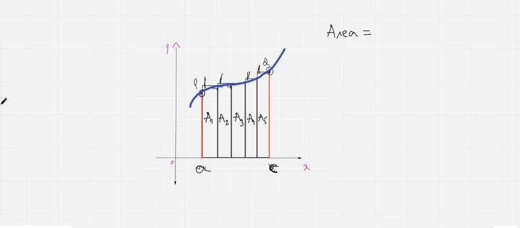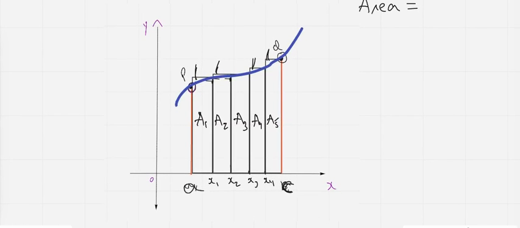I know that all these rectangles have the same width. For example, if this is my x1, this is my x2, this is my x3, this is my x4, and here I have my c. So it looks something like this.